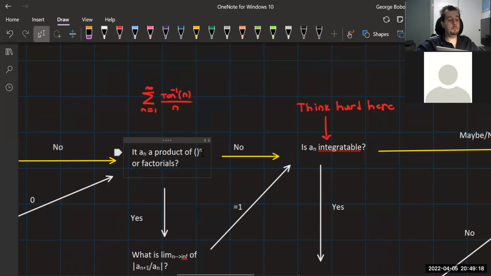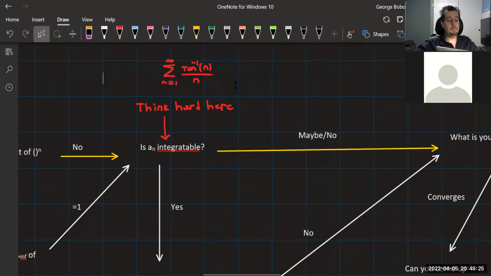Is it the product of brackets? No. Okay. No factorials. Is it easily integrable? I'd say absolutely not. I'm only thinking of the nightmare of integrating this and finding a good substitution for it. What could we even use, right? Tan inverse.